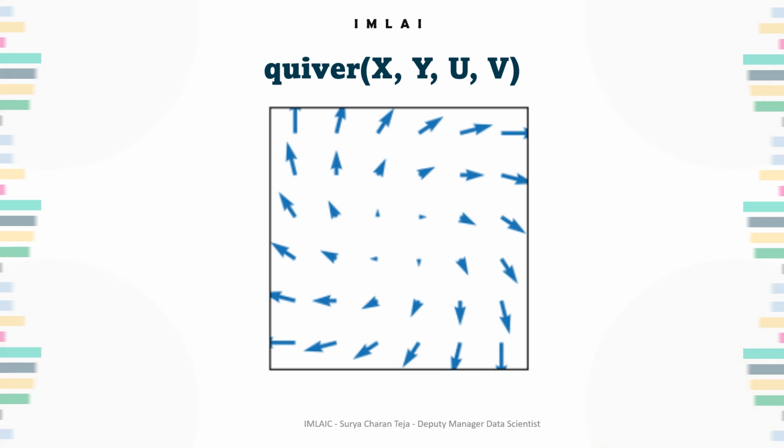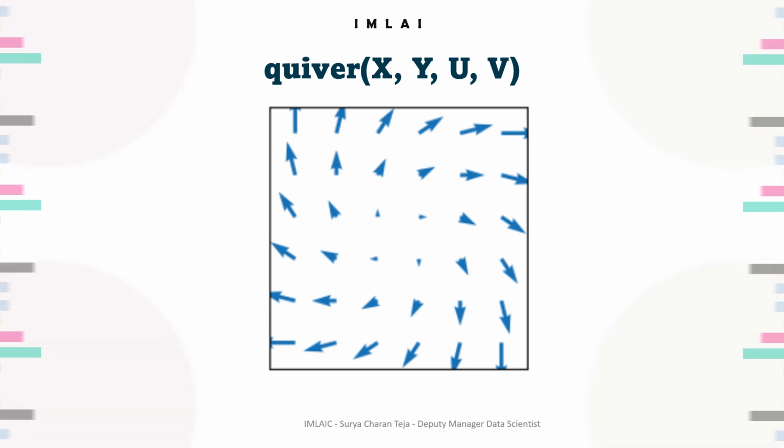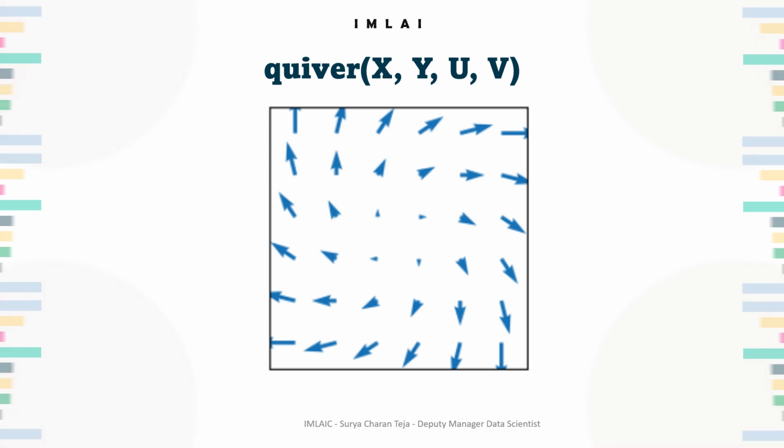For example, the first arrow that you see on screen originates from the point x of 1 comma y of 1 and extends horizontally according to the u of 1 and extends vertically according to the v of 1.